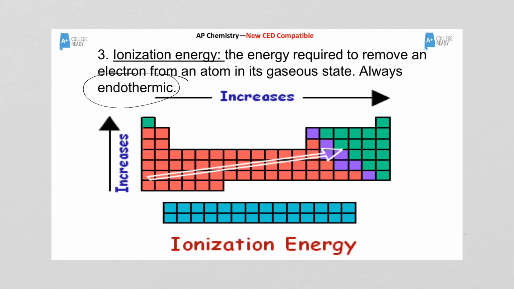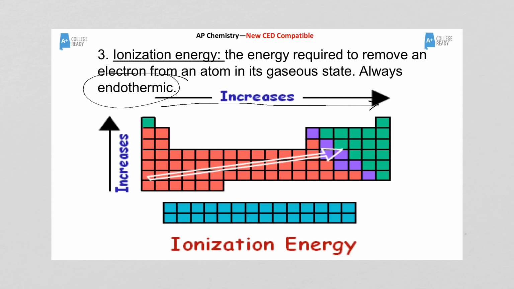For ionization energy, and this sometimes is an easy way to remember, it is the opposite of the atomic size or atomic radius trend. Because remember, as we go across, the size is getting smaller. So what is the ionization energy doing? It's increasing. It takes more energy to remove an electron from a smaller atom.